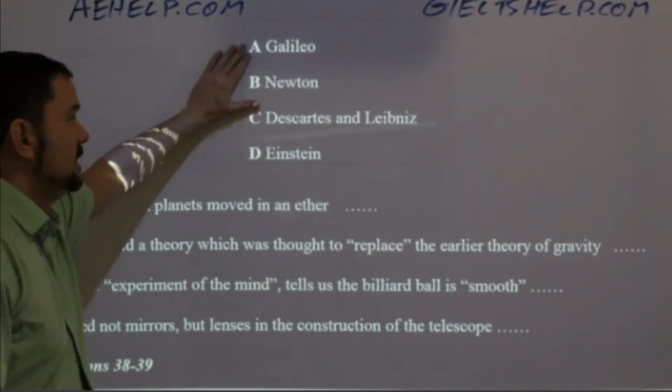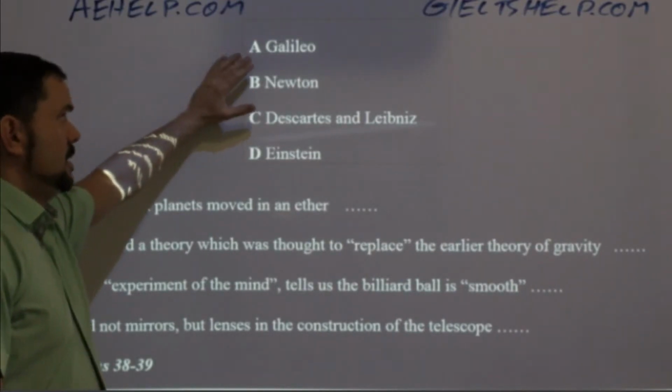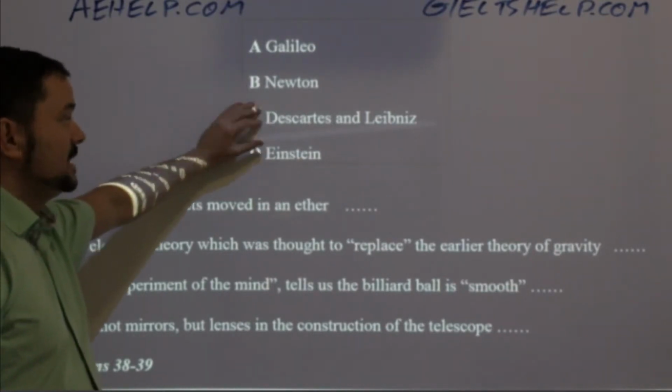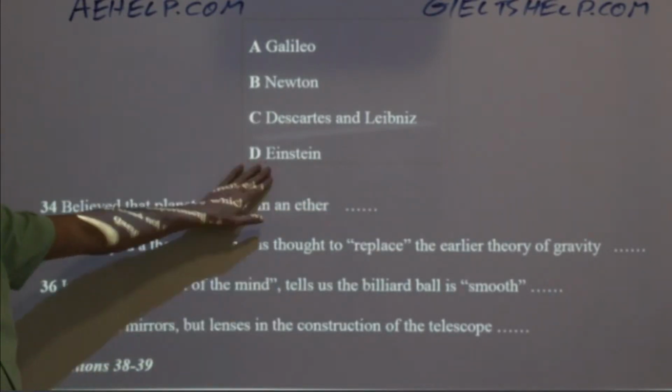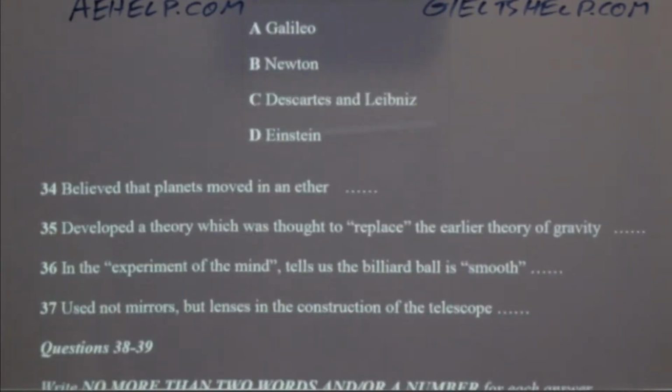We have Galileo of Italy, Newton of England. We have Descartes of France. We have Leibniz of Germany. And we have Einstein of Austria. So it's good to know a little bit about those people, of course. That can help you. But if you're listening carefully, you can certainly figure this out as well.